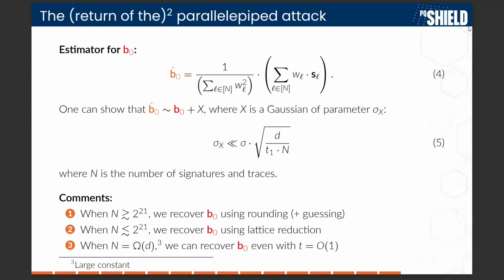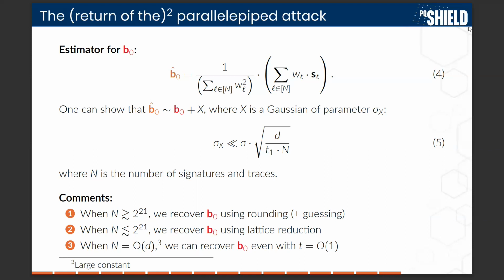So we have the return of the parallelepiped attack. We can get an estimator for B0 by taking a lot of T-probing traces. What's interesting is this is an unbiased estimator of B0 with some noise in it. But as you get more and more traces, the width of the noise decreases as the square root of the number of traces.